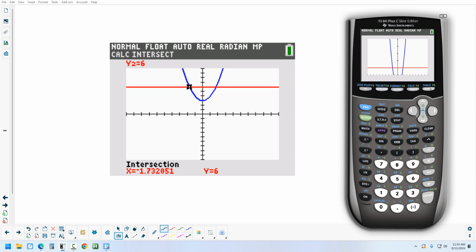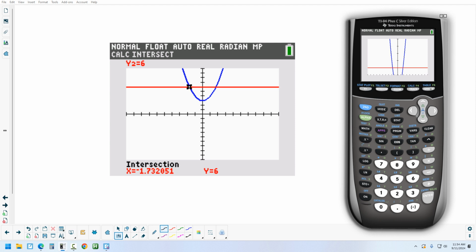What do you think? Well, it depends what you're looking for. How about if I'm looking for a window that shows where the two graphs cross? The window's fine. How about if I'm looking for a window that shows the minimum of the parabola? No, and that's not fine.